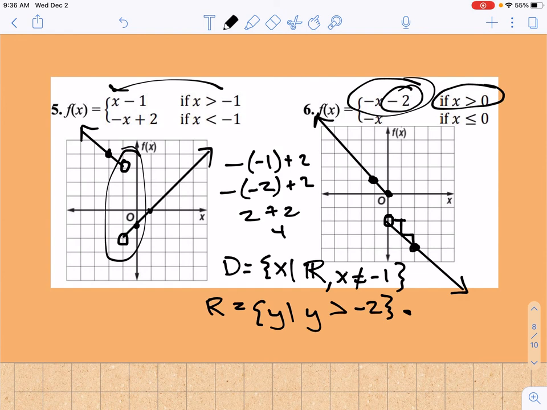All right, so for this one, your domain, this time it's all real numbers again because we're actually including 0. So for x, you just say all real numbers. And then for your range, for y, we're saying it's basically all real numbers, except it doesn't include this area right here.